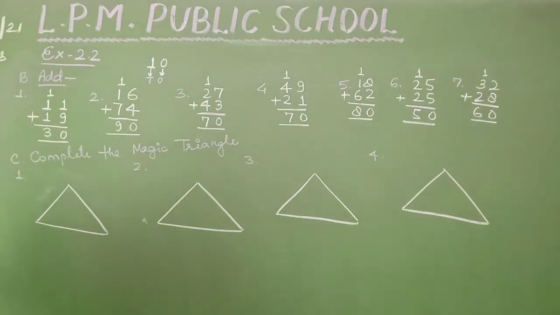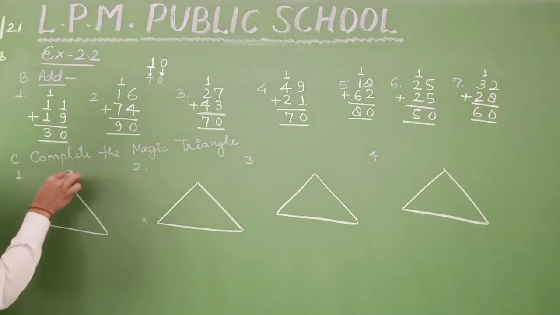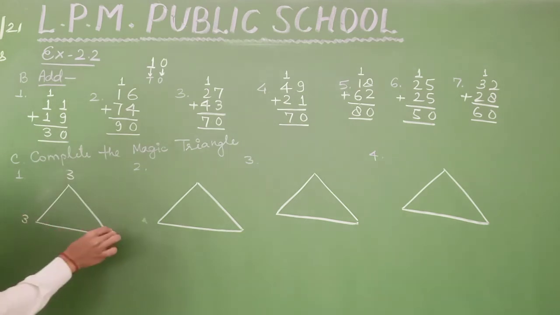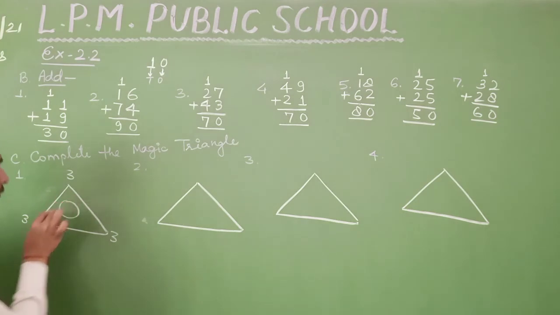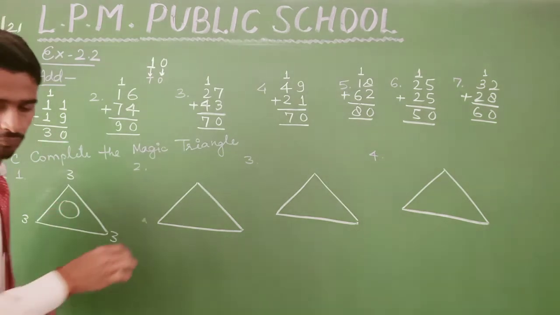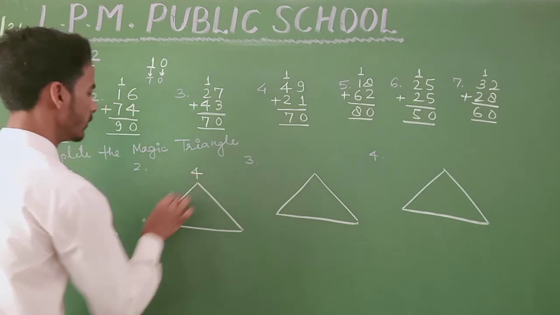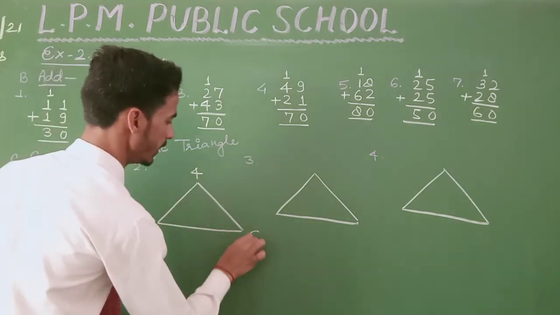Okay, there are some numbers: 3, 3, 3, and in the center 9. Then 4, 3, 6.